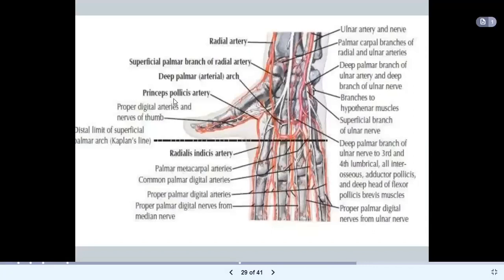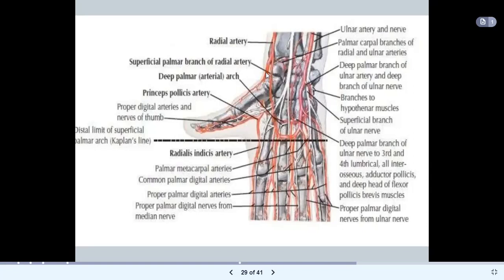So here you see the princeps pollicis artery. Here you see the deep palmar arterial arch, which is formed here also, and the superficial palmar branch of the radial artery here also, forming part of the superficial palmar arch.